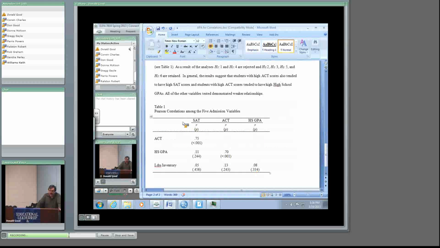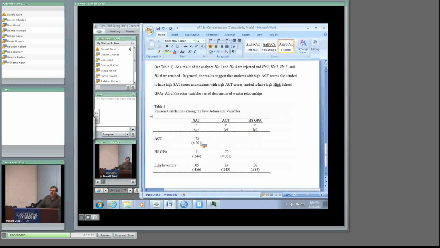Remember that diagonal, and you kind of have mirror images on the lower left and the upper right? Well, I'm just going to put in what we refer to as the lower triangle. And I'm putting in 2 pieces of information between every pair I've come up with, and that's the R value, that's the correlation number itself, so ACT and SAT is a 0.75, and my p-value is less than 0.001.